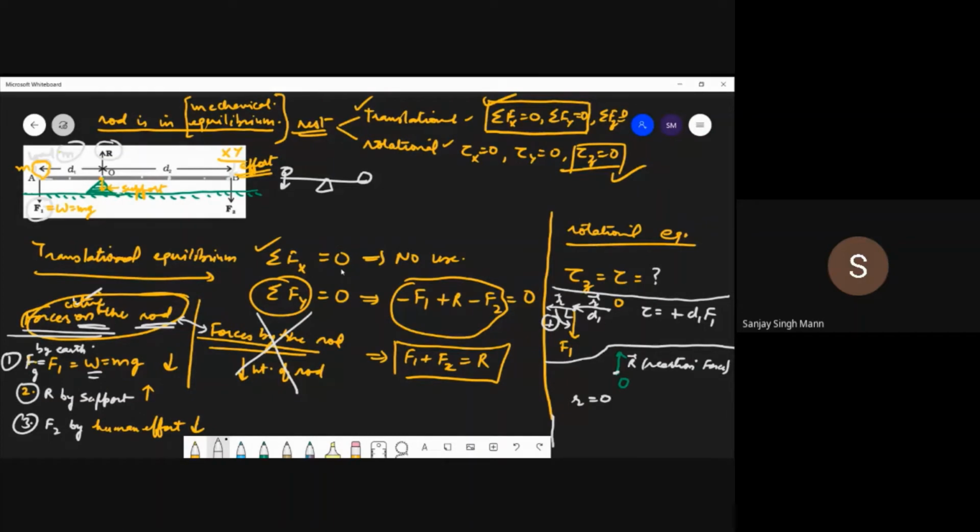So if r is equal to 0, then tau will also be 0. Yes. Tau is r cross F. R is 0 here, and F is the force R. So the torque is... is this clear?